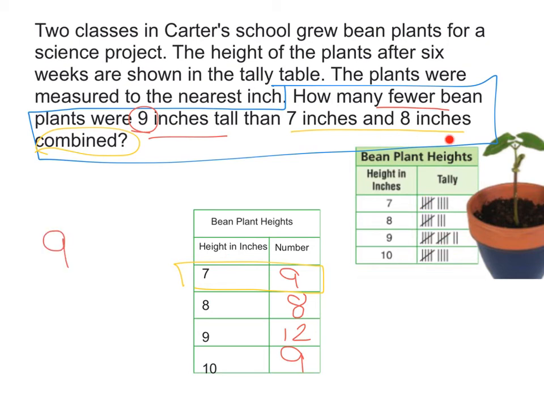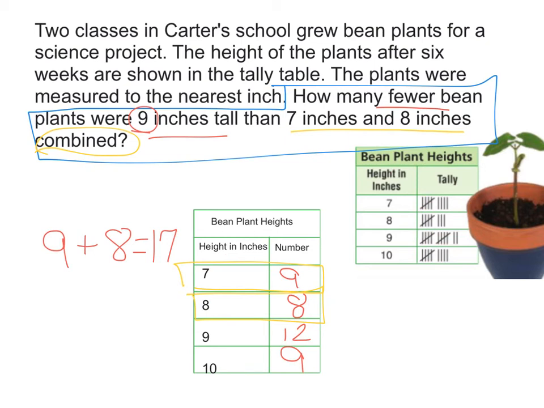How many plants were 8 inches tall? Looking at our frequency table, here's 8 inches and there were 8. So if we were to combine or join it together, that would be 9 plus 8. And you know that 9 plus 8 equals 17.